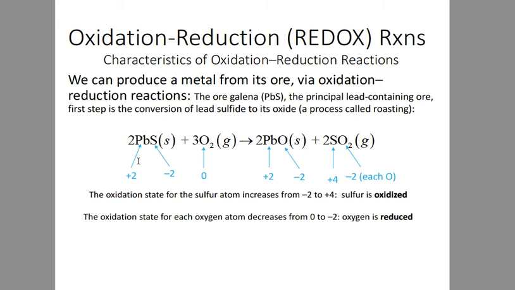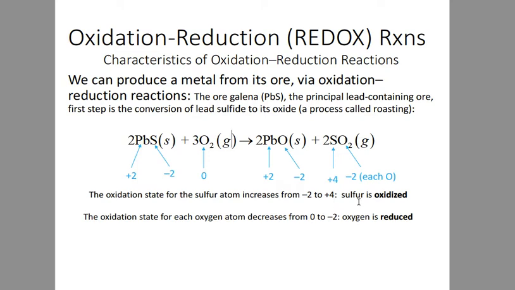So in the first step, we go through and we see that our lead, because it's lead 2, would be a +2. And the sulfur would be a -2. Each of our oxygens, they're 0 because oxygen is in its elemental state. Then on the product side, we have the lead still is a +2, the oxygen as a -2, the sulfur, and each of the oxygens here as a -2. So when we look from one side to the other, the oxidation state of the sulfur atom went from being a -2 to a +4.